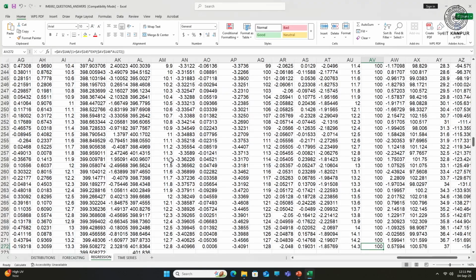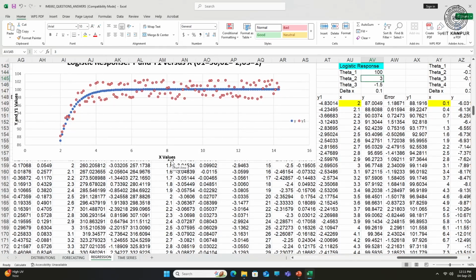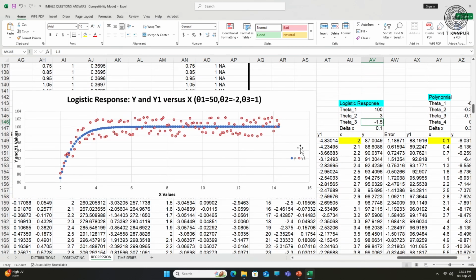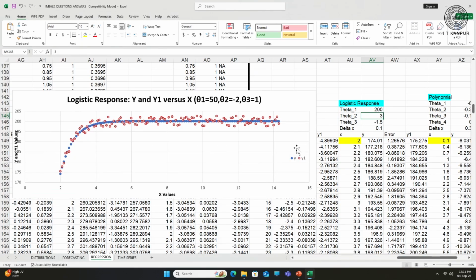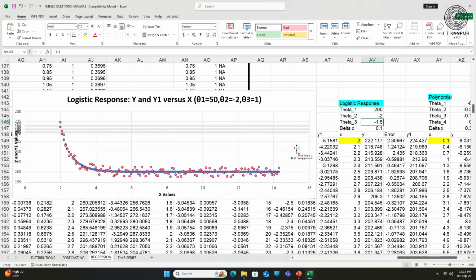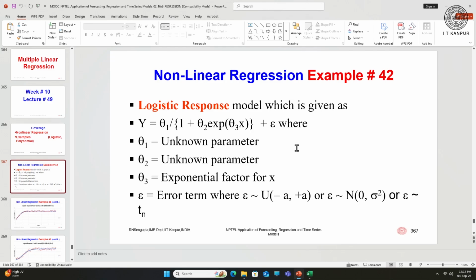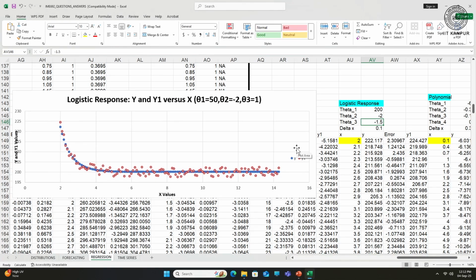Now, another thing: this value of theta 3 is negative. What happens if I take the value of theta 3 as positive, and also check in the graph? Let us go back to 200 for theta 1, then theta 2 as minus 2, and theta 3 as plus 2.